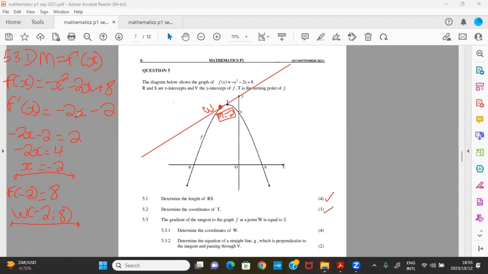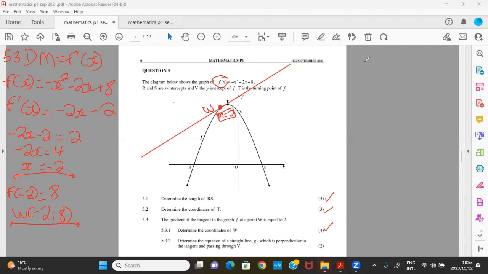You take your first derivative, and you were given the gradient at the point W, which was 2. Then you equate the first derivative to 2, solve for the x value, which was negative 2 in this case, then substitute that x value back into your graph of f. Then you get 8.